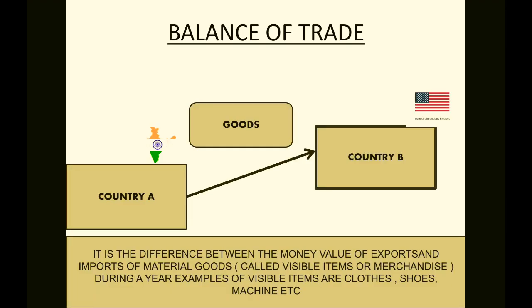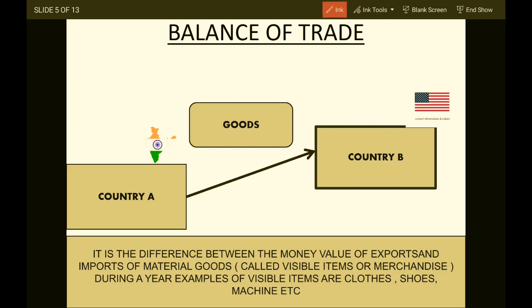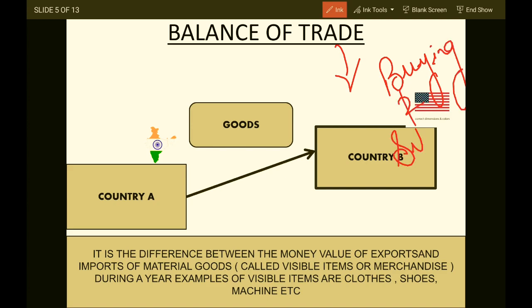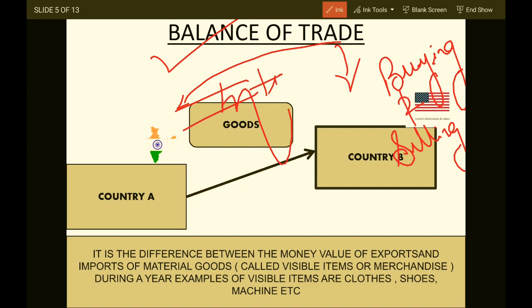So basically, let us focus on the first term, that is balance of trade. What is meant by trade? Trading refers to buying and selling of goods. Very basic. Now we are concerned with the balance of trade, so it is on an international scale.